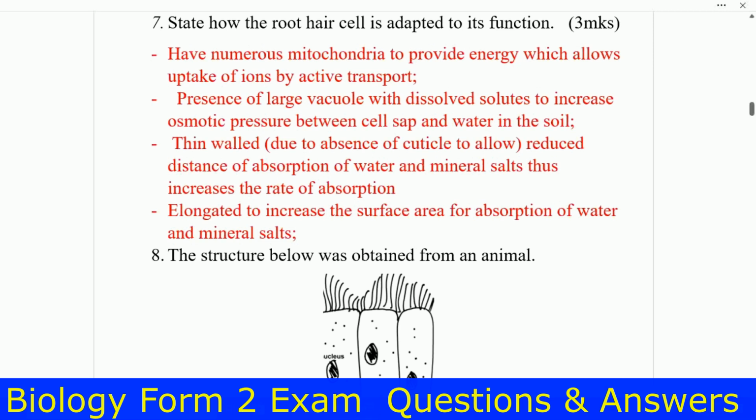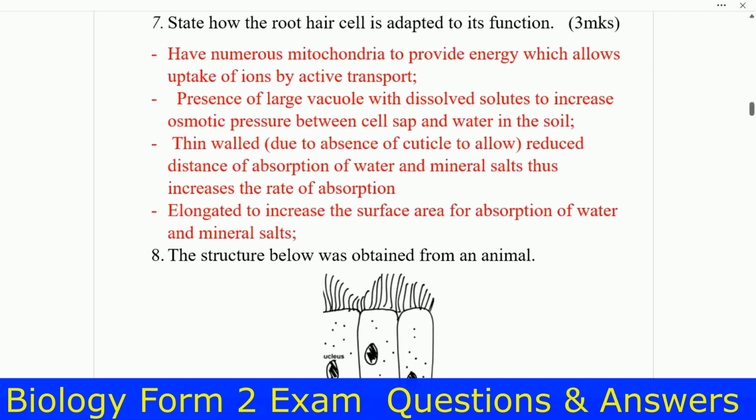Number 1, they have numerous mitochondria to provide energy, which allows uptake of ions by active transport. Number 2, presence of large vacuoles with dissolved solutes to increase osmotic pressure between the cell sap and water in the soil.